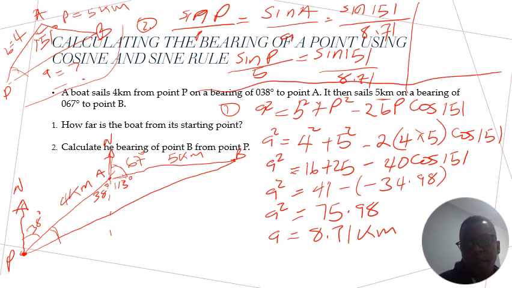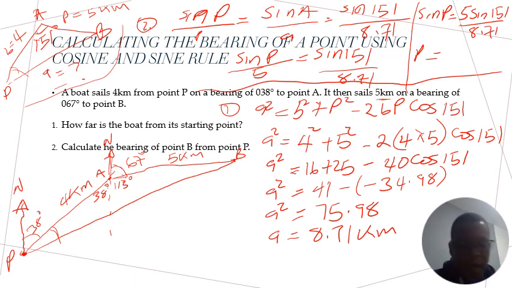Here we have sine p. We make sine p the subject of the formula. It will be equal to 5 sine 151 over 8.71. Then we find sine inverse. So let's do sine 151.